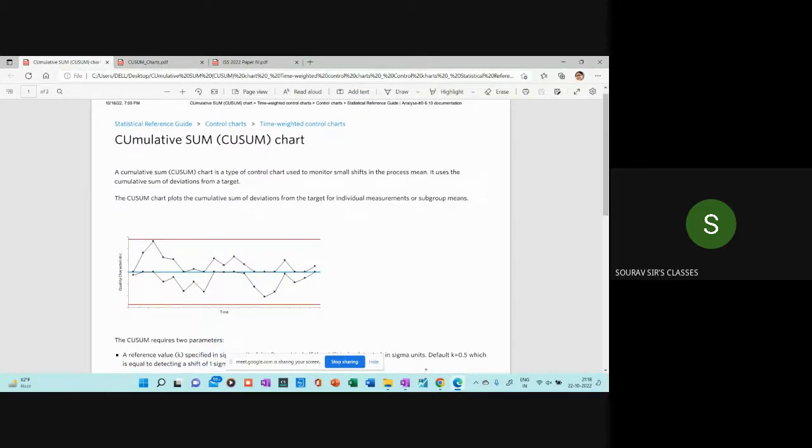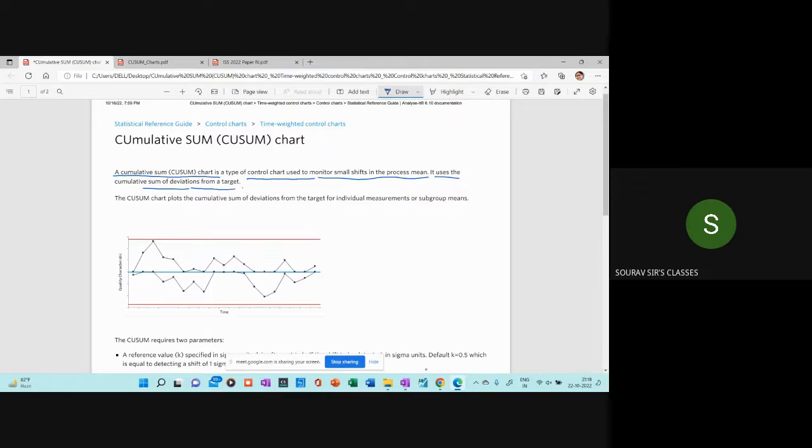A cumulative sum control chart is a type of control chart used to monitor small shifts in the process mean. It uses the cumulative sum of deviations from the target.